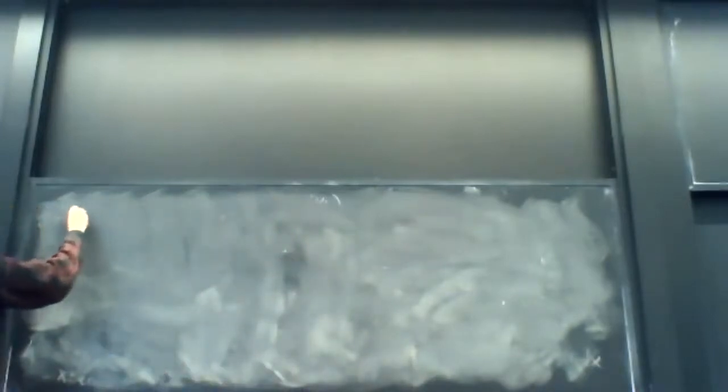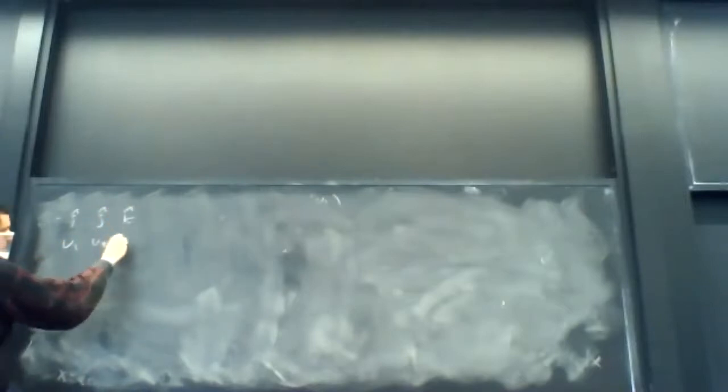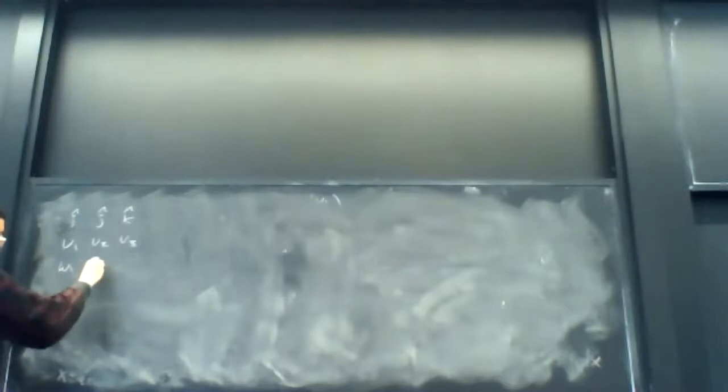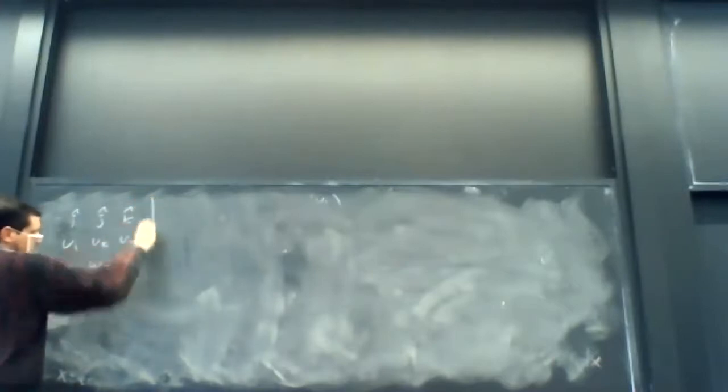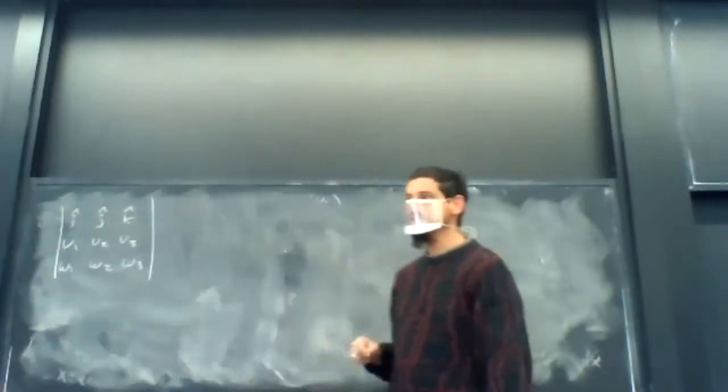And in the next two rows of the matrix are numbers. So we look at i hat, j hat, k hat, v1, v2, v3, w1, w2, w3. And we take the determinant. Yeah. This is highly illegal, but we're just using this as a mnemonic to get to the formula.